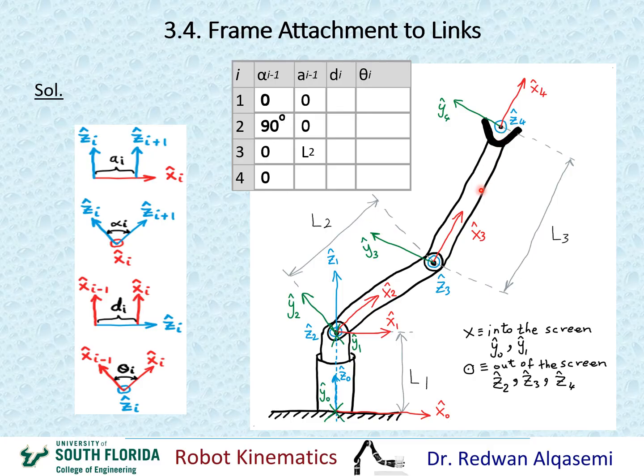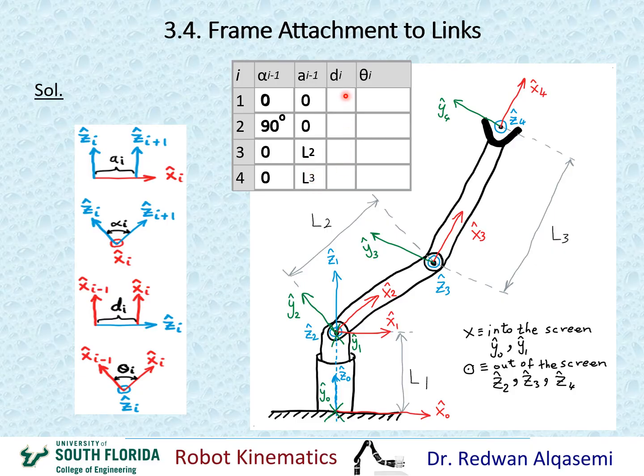And we're looking at the distance between them along x3, which is this line right here. So from Z3 to Z4 along x3 would be this distance. And that distance is L3, as we see right here. So that means A3 will be equal to L3. And that completes the second column, which is the A column.